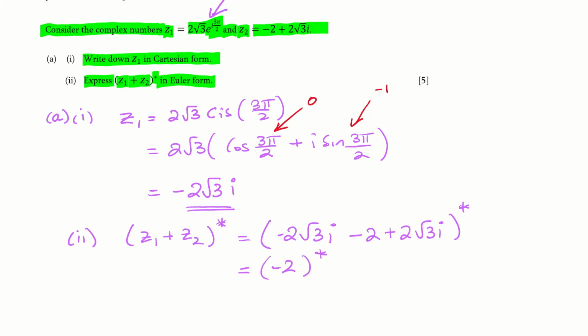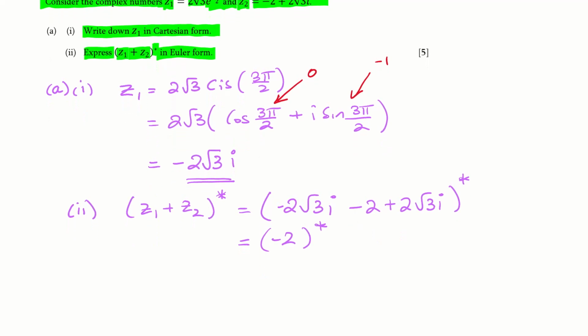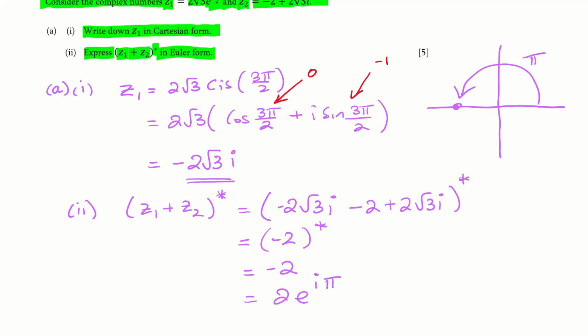Well, the conjugate's only going to affect an imaginary part, not the real part. So that is just negative 2. And if we think about where negative 2 is over here, the angle there is pi. So that is 2e to the i pi.